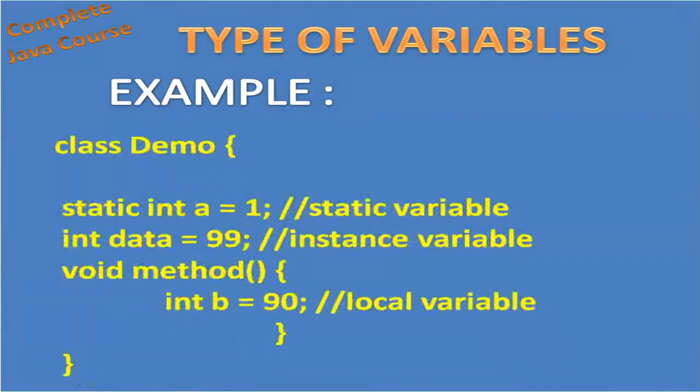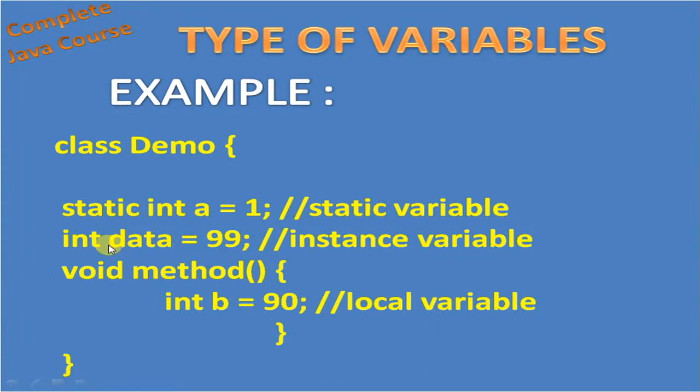Example: this is a local variable because variable b is defined within the block or within the method. So this is called a local variable. Int data is called an instance variable. Why?